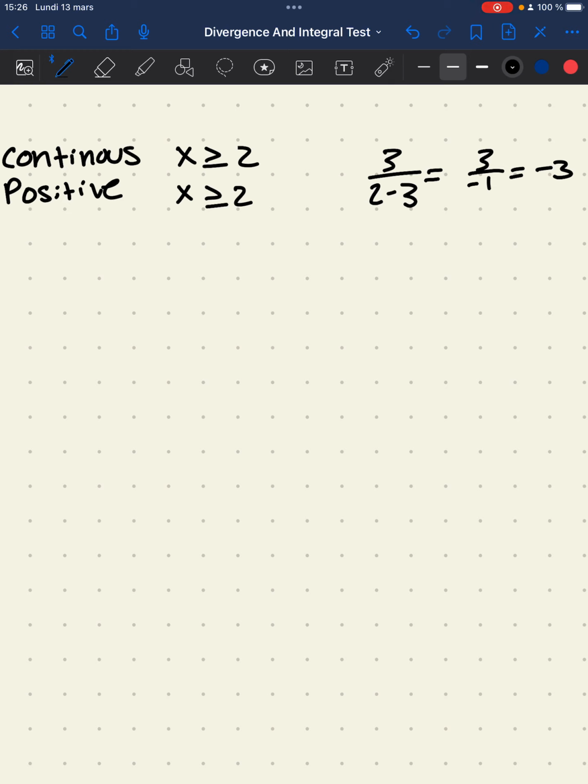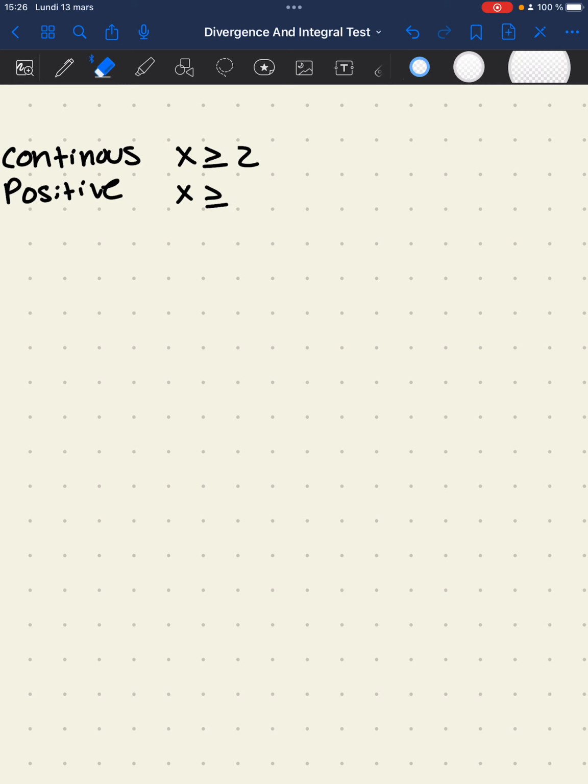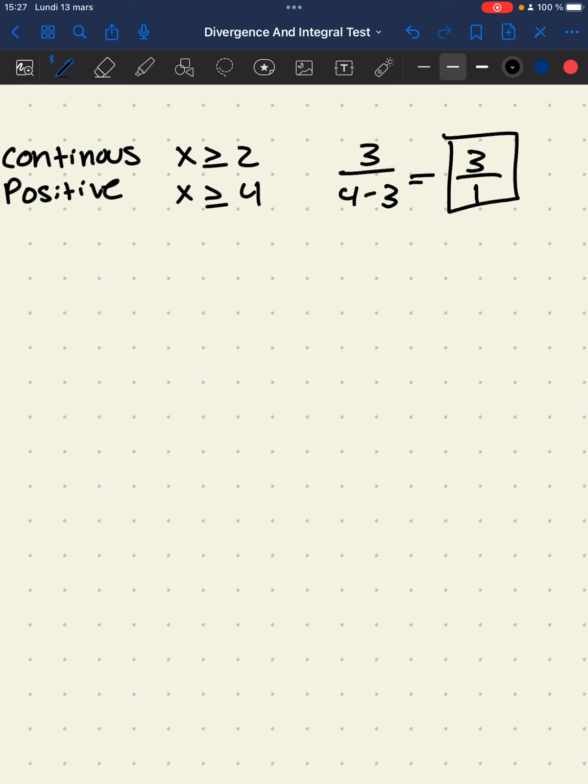So you would have to choose something that's significantly greater than 3 that makes it always positive and also doesn't make it diverge into infinity. So for this one, we could say x has to be greater than or equal to, let's just say, 4, because if we were to make it 3, then it would not be continuous. So 4 minus 3 is 3 over 1. Now this is continuous and positive, so we can use this interval.